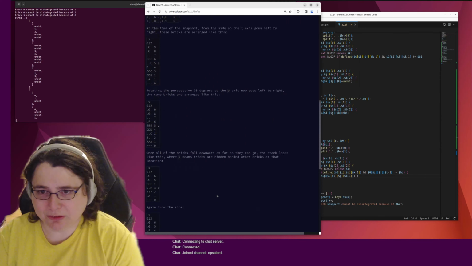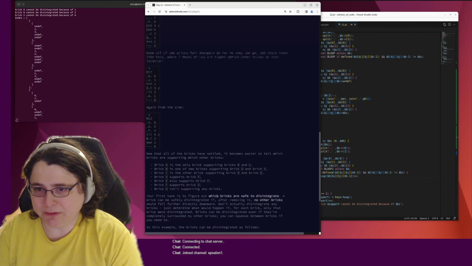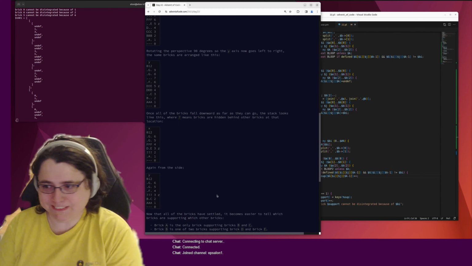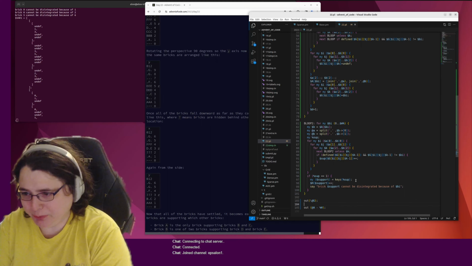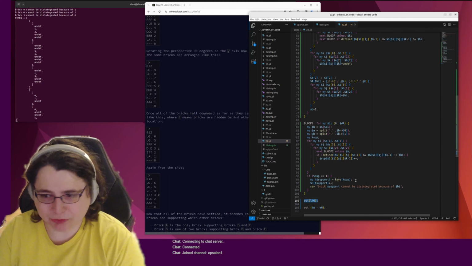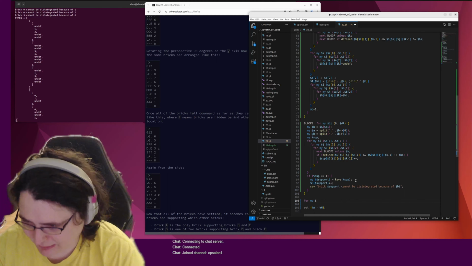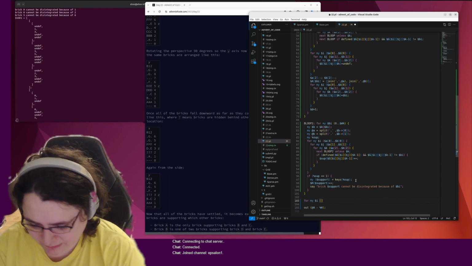Let's do a printout of the grid. I want to do a grid printout, so I'm going to do the following.